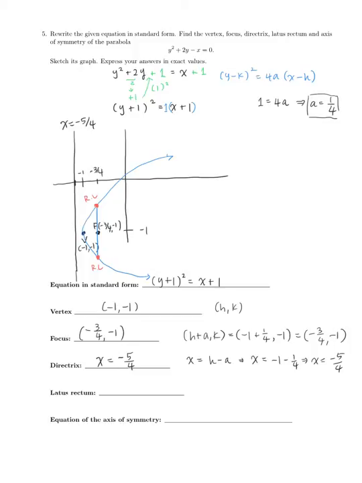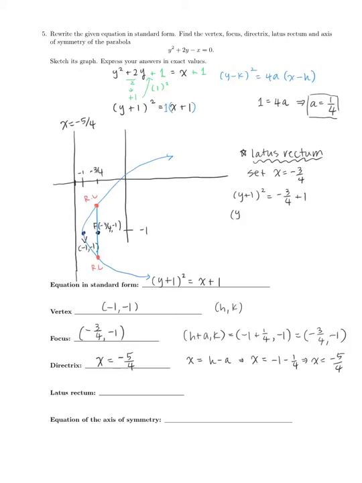Since it doesn't look like I'm going to have much room down here, let me go up over here as side work. I'm going to find the latus rectum. So we're going to set x = -3/4 and plug this into our equation in standard form. Here, (y + 1)² = -3/4 + 1.